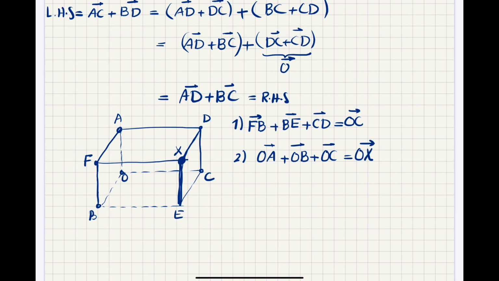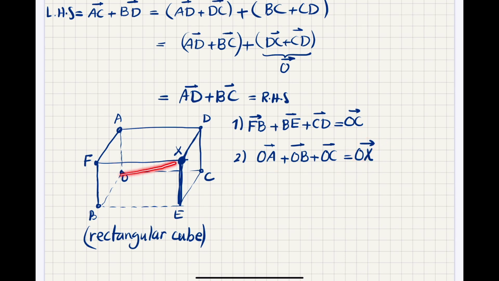So consider this rectangular cube and use the geometrical properties of a rectangular cube to show that the sum of these three vectors is equal to OC, and the sum of these three vectors is equal to OX.